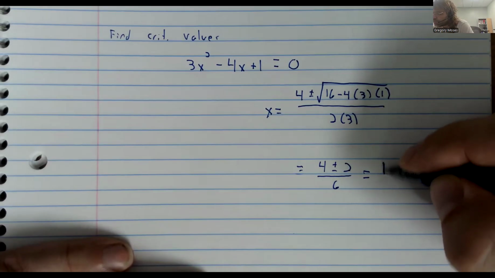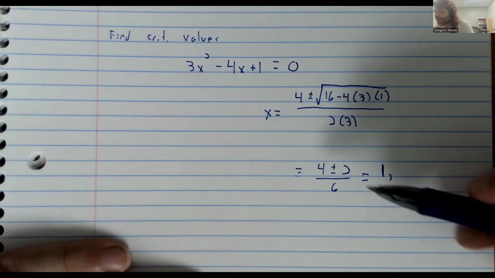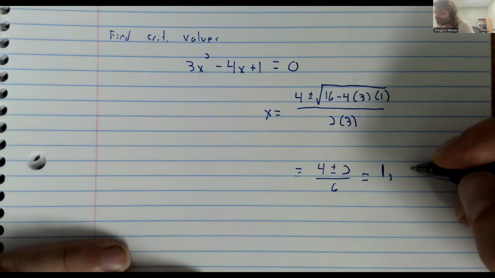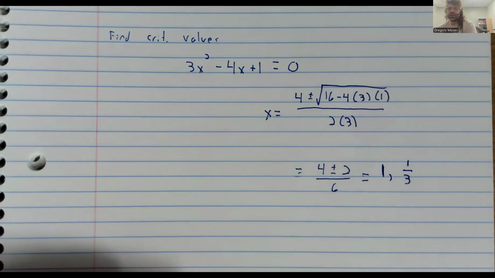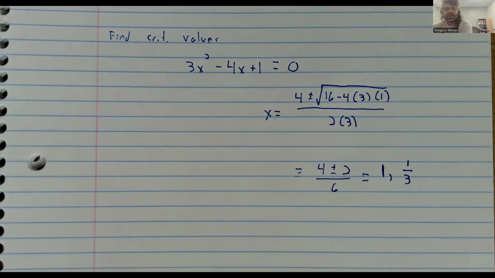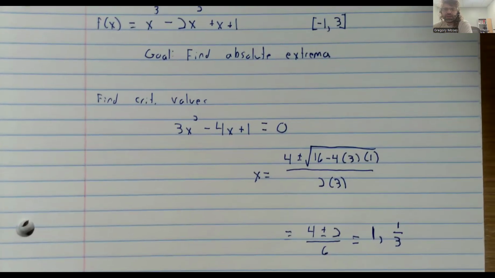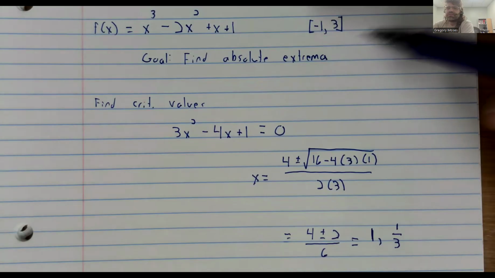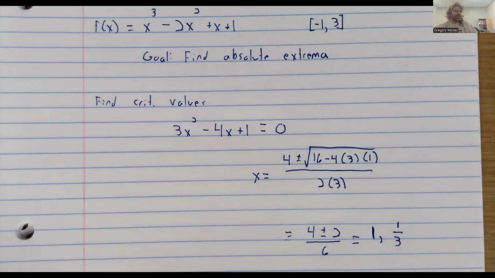We do get 1, just a very nice root, and then we get a fraction. 4 minus 2 is 2, 2 divided by 6 is 1/3. So these are our critical values, and we observe that these are in the interval we're looking at. If they weren't, we just discard any that weren't, but they are.